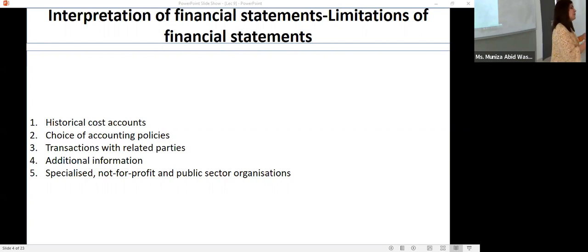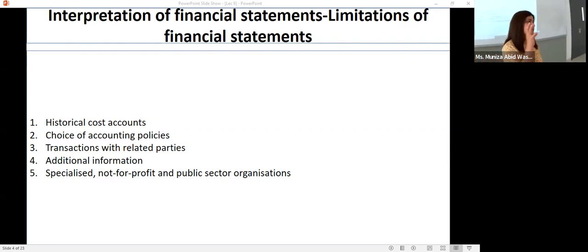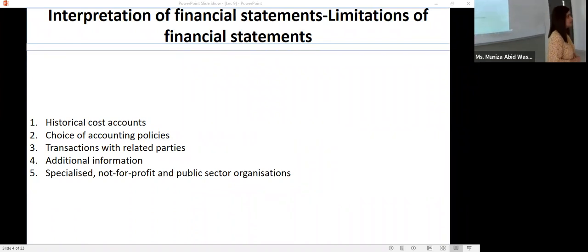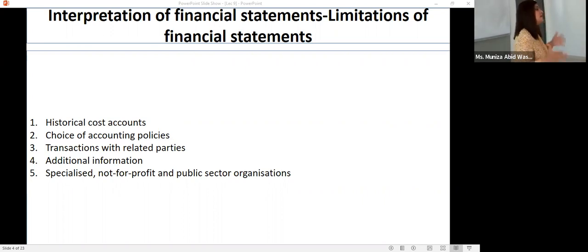Where the income of the profit-making concerns is being generated by sales revenue, by selling the goods or giving the services. On the other hand, the income of the not-for-profit making concerns is primarily due to the donations and subscriptions. So their principles on which the income statements or the other financial statements are being prepared are different from each other. So hence the ratio analysis would not be helping us in both the types of the organization.